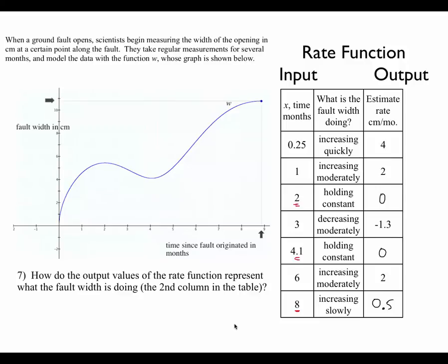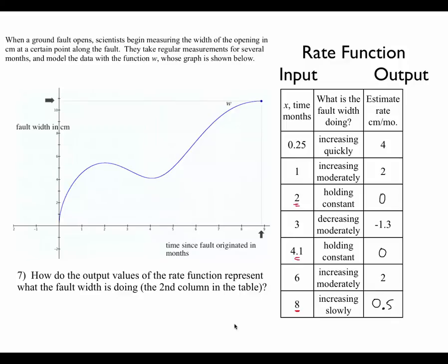So you should have discovered that the rate function is just a numerical version of what the width is doing, how it's changing. So if we're increasing quickly, the rate of change is positive or negative? Positive, and what kind of value is it? Bigger, right? And if it's increasing moderately, positive or negative?